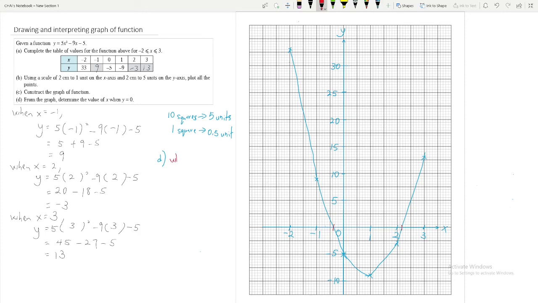So when y is 0, x equals, this is negative 0.4 and 2.2.